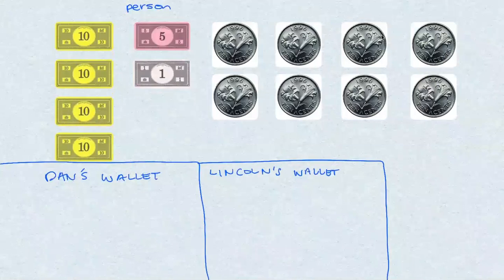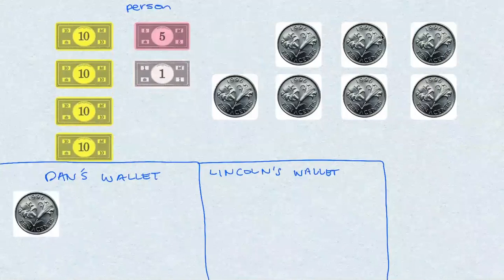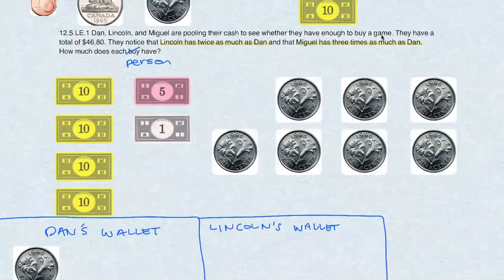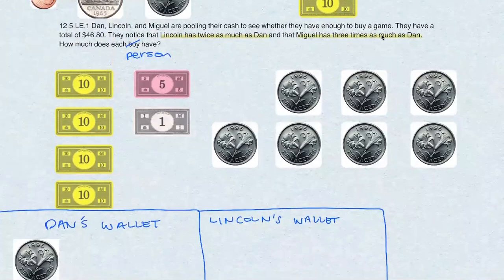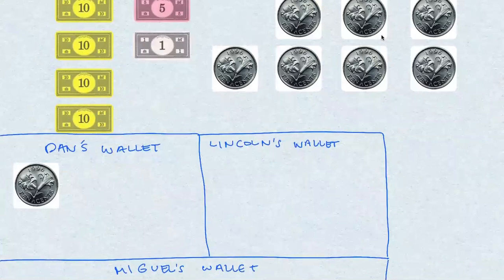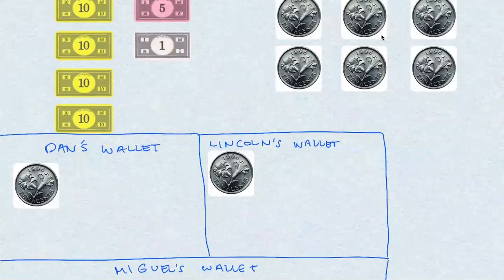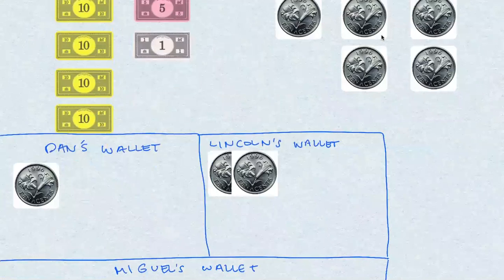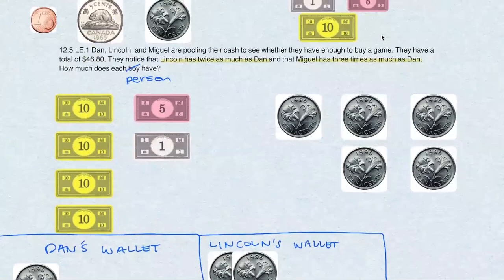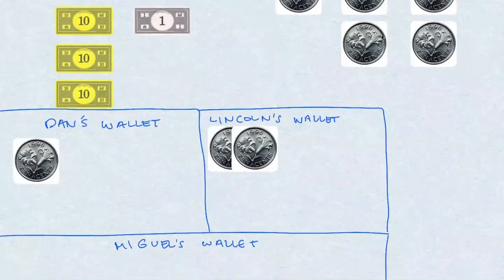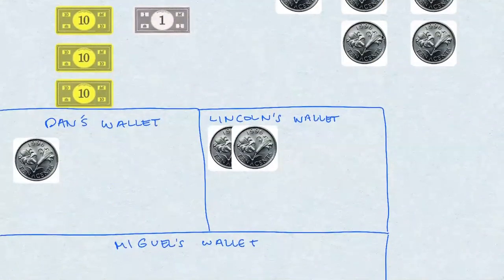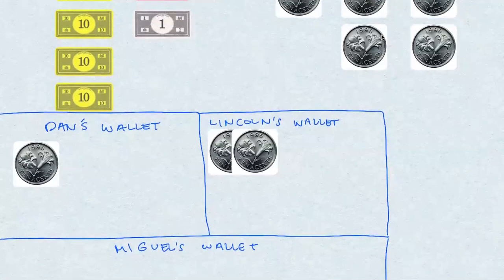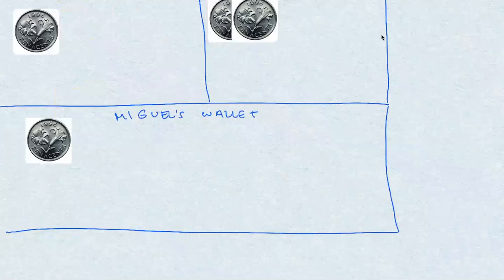Well, if I take 10 cents and put it into Dan's wallet, then based on the statement that Lincoln has twice as much money as Dan, I have to put 20 cents into Lincoln's wallet. And from there, I also know that Miguel has three times as much as Dan. So I put 10 cents into Dan's wallet, and I have to put 30 cents into Miguel's wallet.